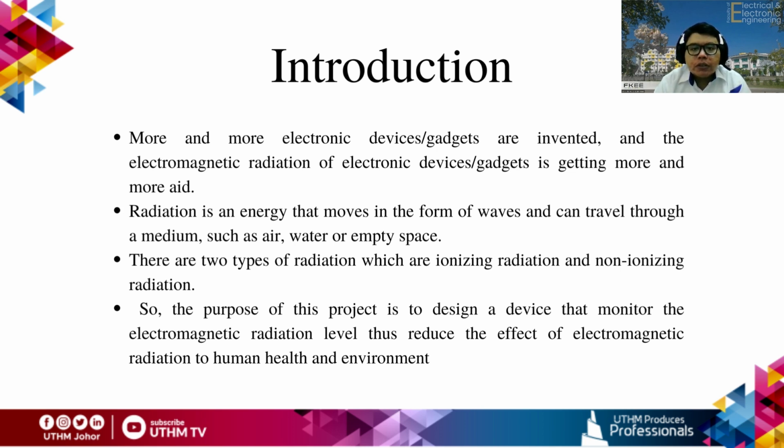Ionizing radiation contains sufficient electromagnetic energy to strip atoms and molecules from the tissue and alter chemical reaction in the body. So the purpose of this project is to design a device that monitors the electromagnetic radiation level, thus reducing the effect of electromagnetic radiation to human health and environment.